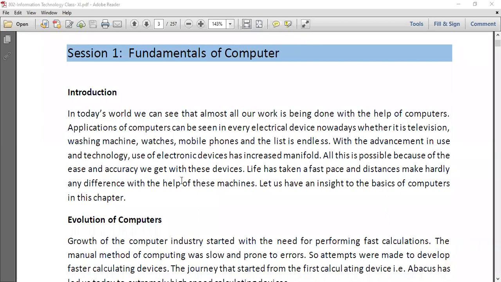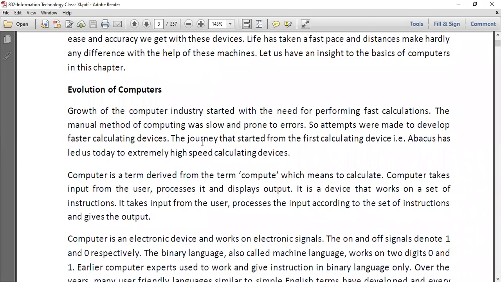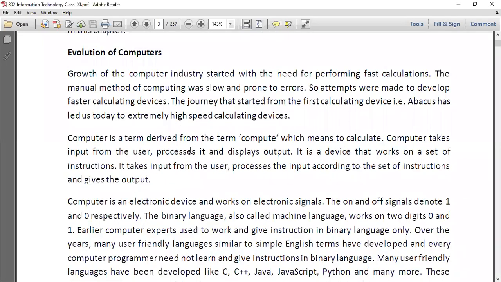Fine. So first of all, we'll talk about the evolution of computers. Computer की evolution कैसे हुई, right? If we talk about computing devices, पहले तो term computer का मतलब क्या है? Computer is derived from a term named compute.